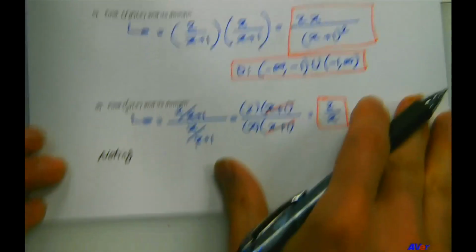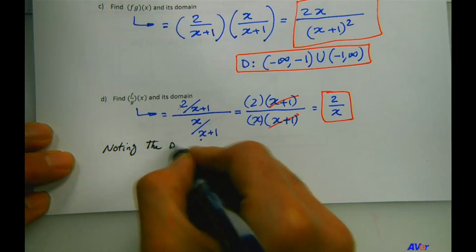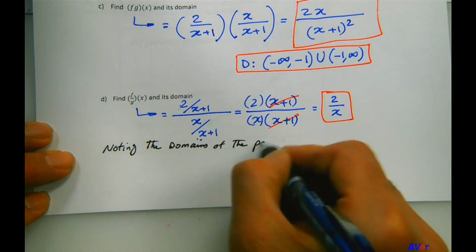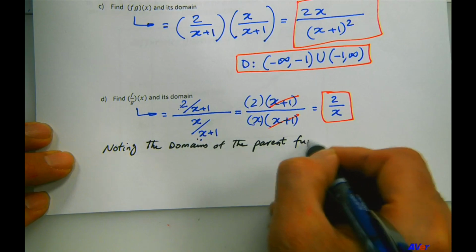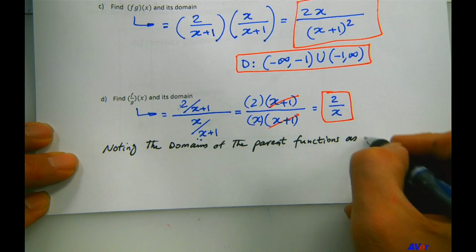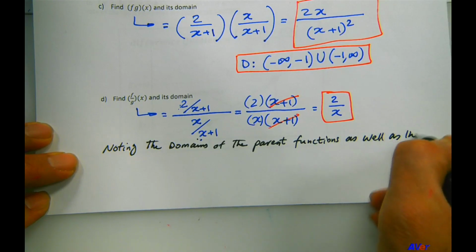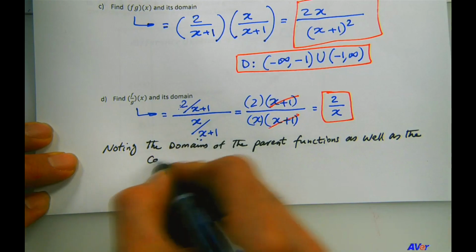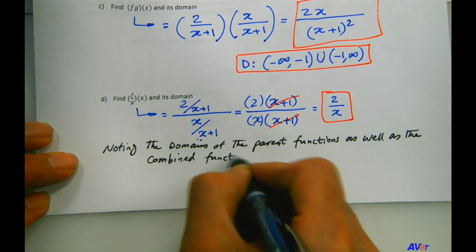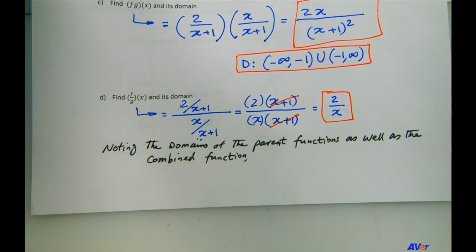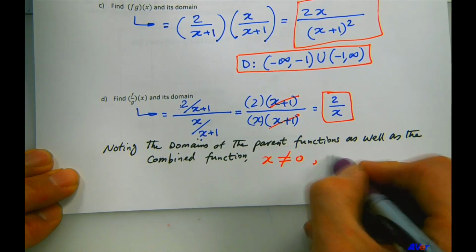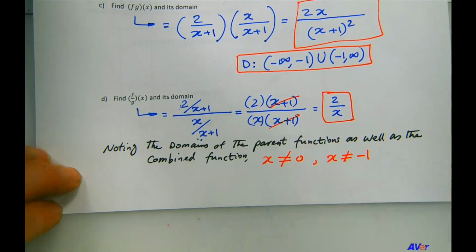So noting the domains of the parent functions, as well as the combined function, which is that one, then x cannot be equal to 0 and x cannot be equal to -1.